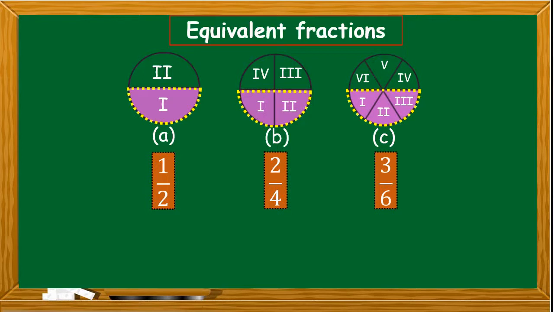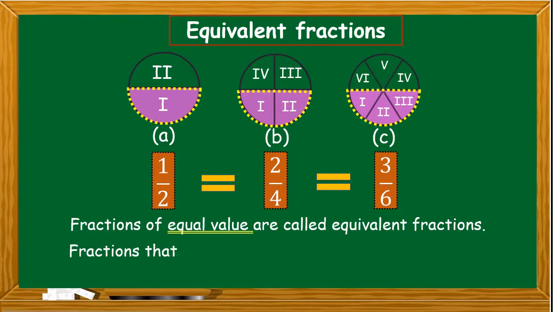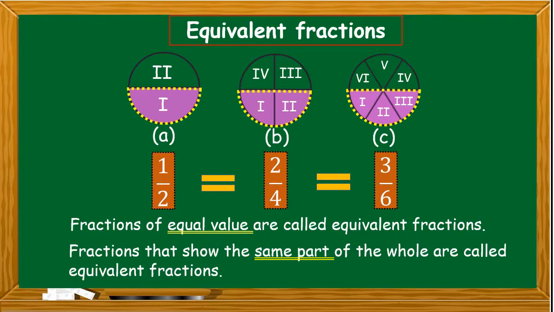This is written as 1 upon 2 is equal to 2 upon 4 is equal to 3 upon 6. Such fractions of equal value are called equivalent fractions. Fractions that show the same part of the whole are called equivalent fractions.